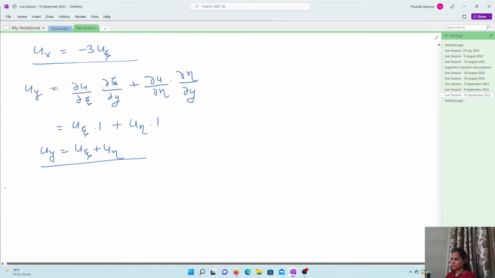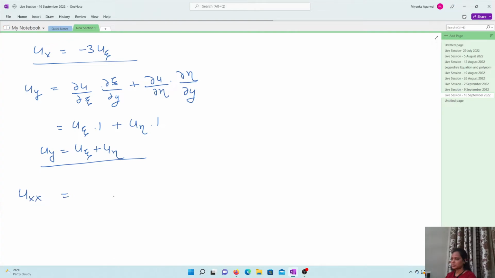Okay, now let's find uxx, which is del by del x of ux. This can be written as del ux by del xi into del xi over del x plus del ux over del eta into del eta over del x.